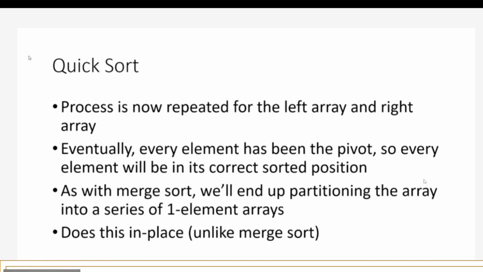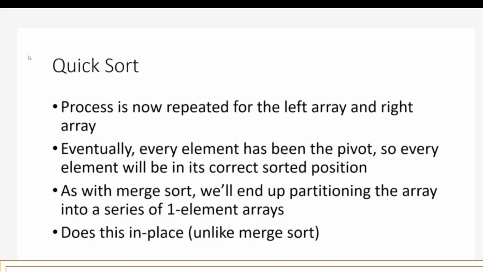So choosing that pivot element and partitioning the array is repeated for the left array and for the right array, and eventually we will be having every element as a pivot element.